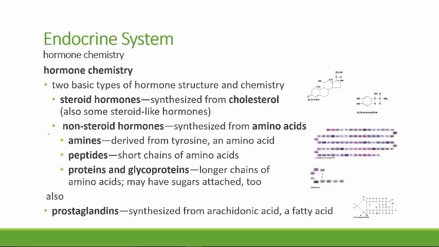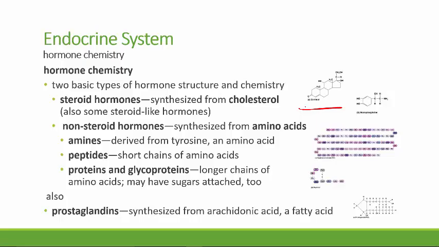So there's two basic types or groupings of hormones, and it's all based on their structure and the chemistry of those structures. Steroid hormones are ones that have been synthesized from cholesterol, and so here's an example: cortisol is an example of a steroid hormone.